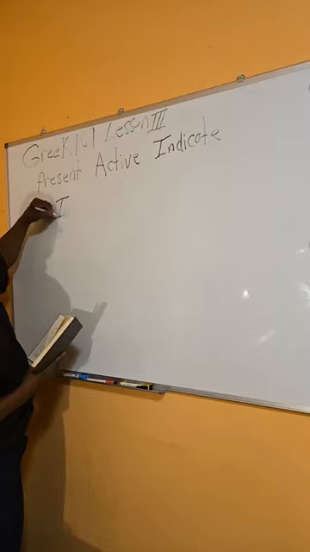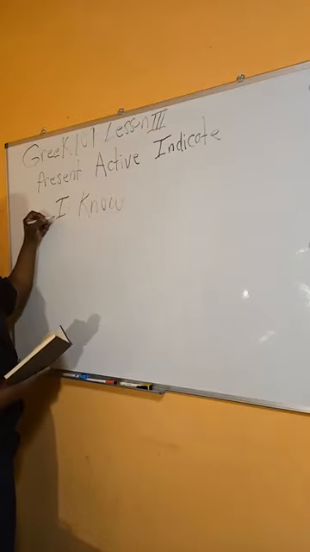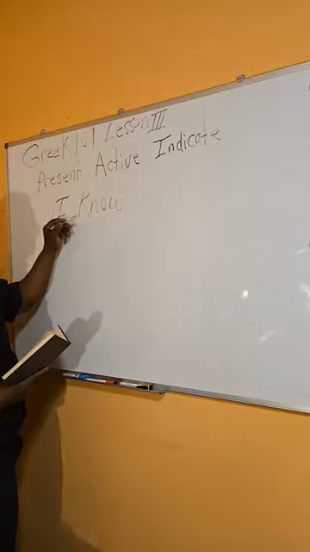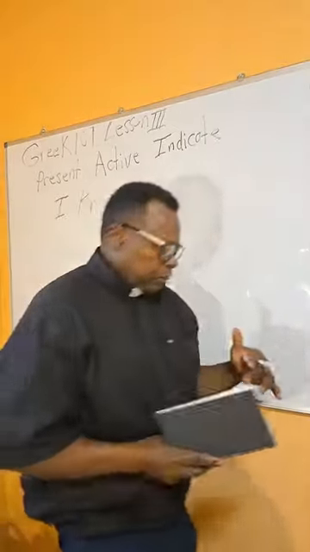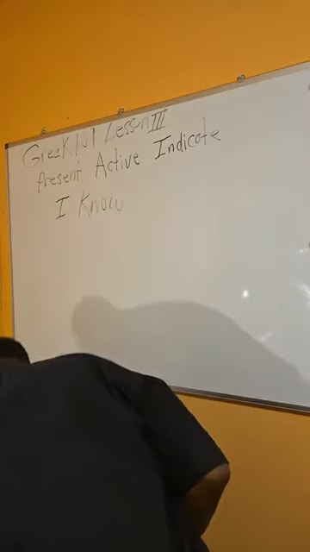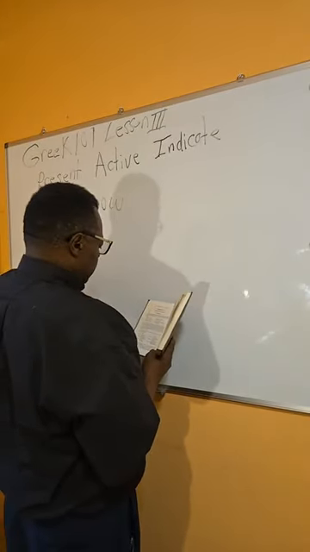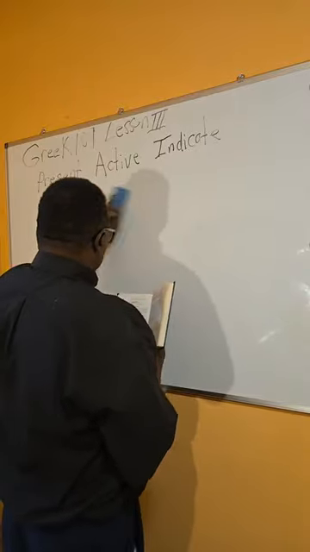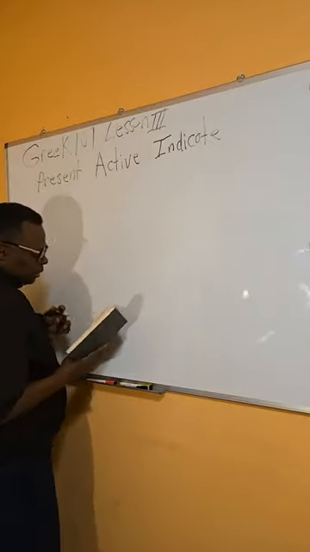I know. I is the subject at the beginning of this phrase, and know is the verb. Now in Greek, when you write the words, this is the first person singular. I. Okay? First person singular, I. Know is the verb.